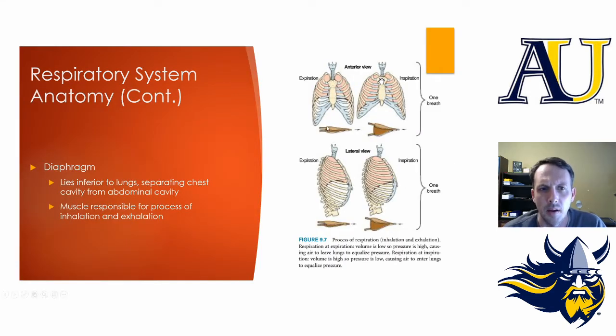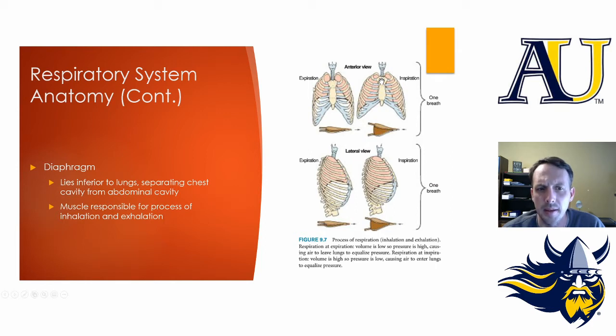Okay. When we're talking about respiration, the diaphragm is by far the most important muscle when it comes to respiration, and its job is to create the negative pressure through which inspiration occurs.